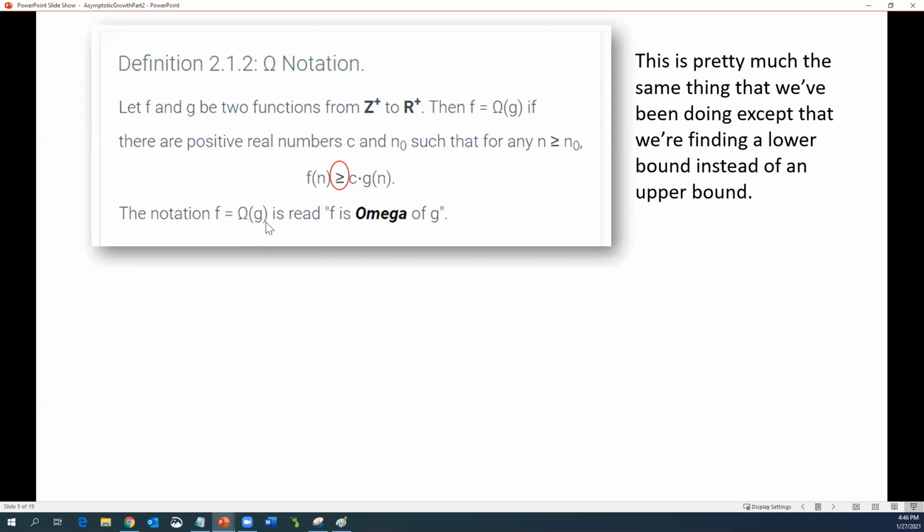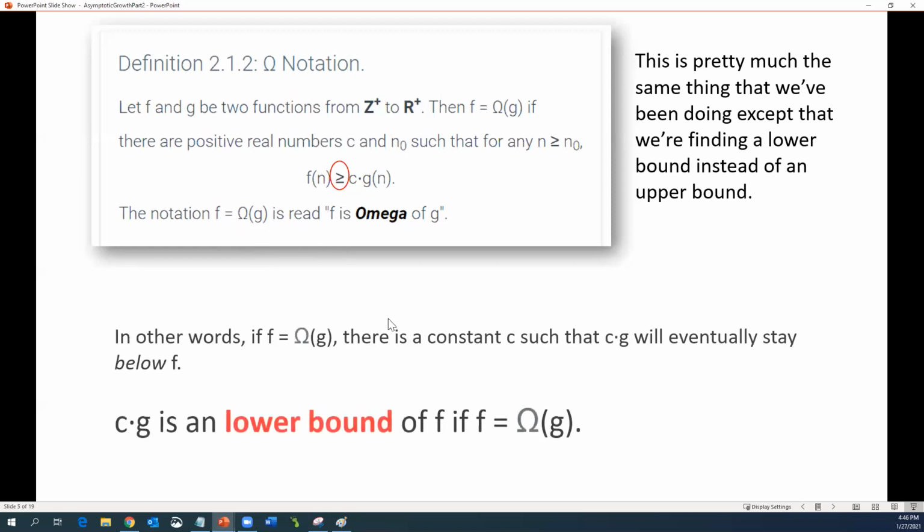C times g, the constant multiple of g, will always be below or equal to f, a lower bound of f. Okay, so it's just the opposite. So you have to turn your mind around and start looking at it that way.